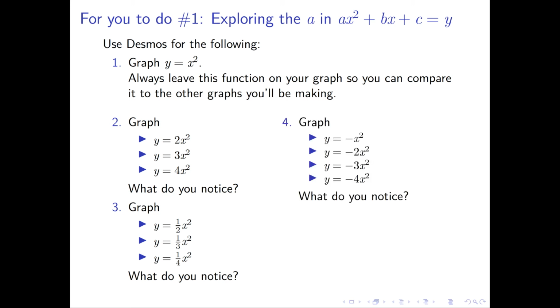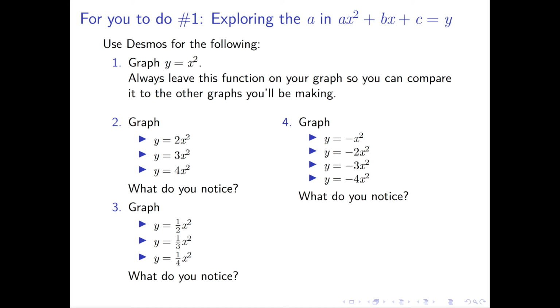Okay, next I'd like you to clear those functions off of the graph and take a look at what happens when the coefficient of x squared is negative. First, graph these four functions, compare them to y equals x squared, and compare them to the functions where the value of a was positive.